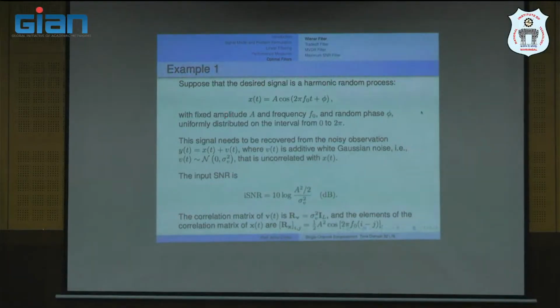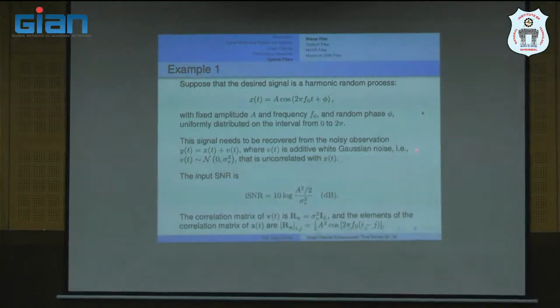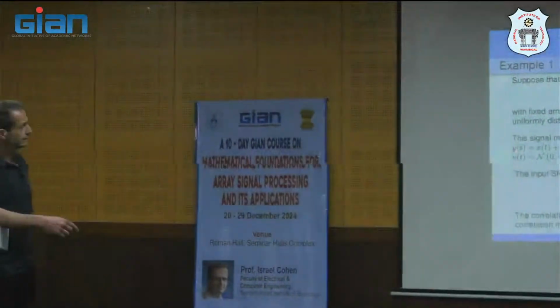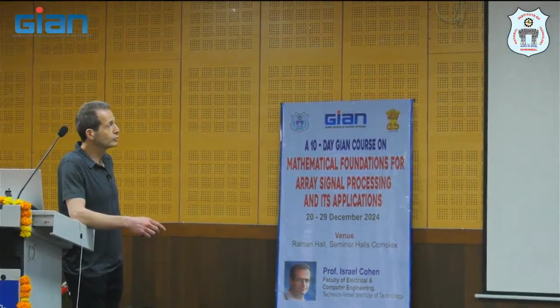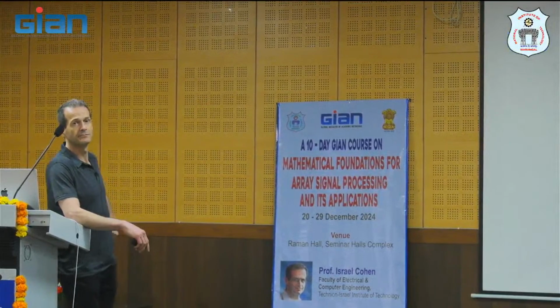And suppose that we measure this signal together with additive white Gaussian noise. And we get the measurements like this. And from the measurements, we want to estimate this signal.